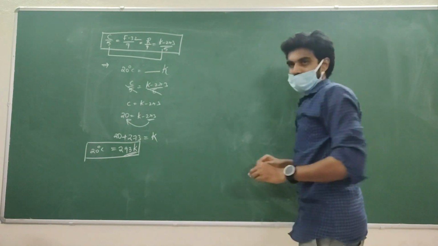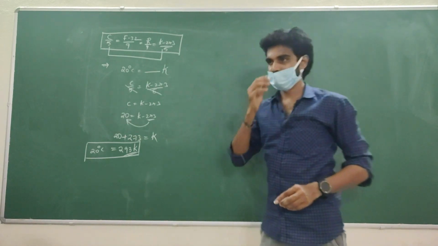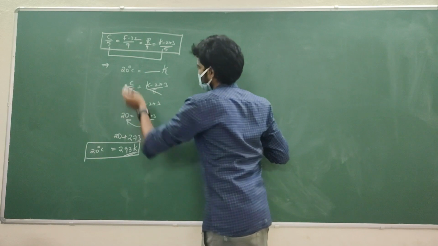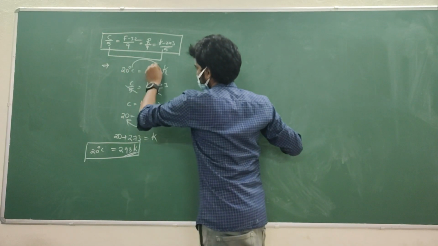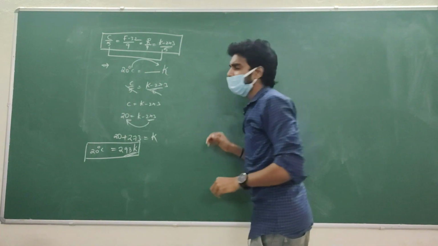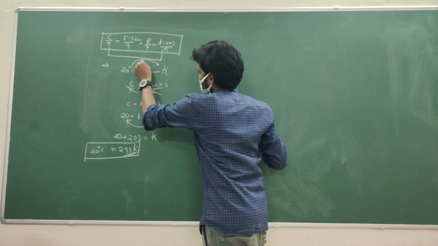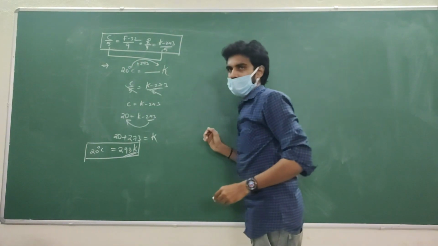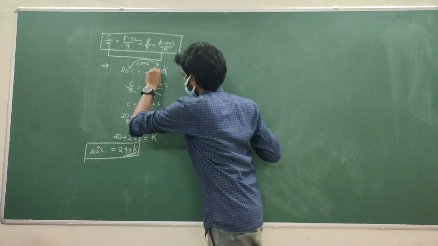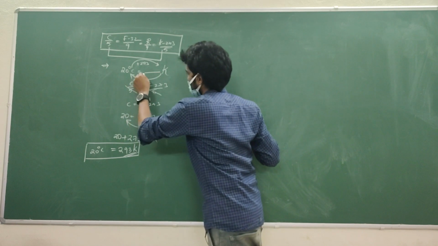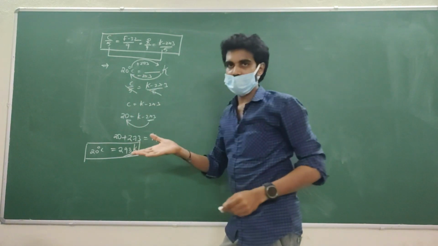But in our textbook we had a simple logic: while converting from degree centigrade to Kelvin, you simply add 273 to it. Or else, when converting from Kelvin to degree centigrade, just subtract 273, that's it, right.